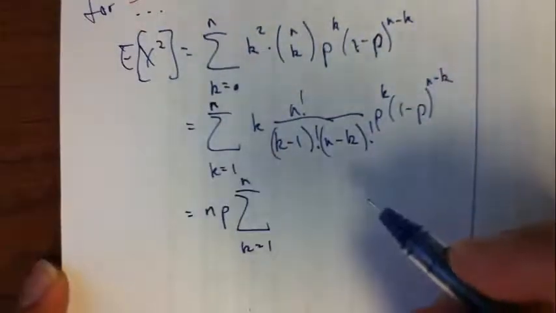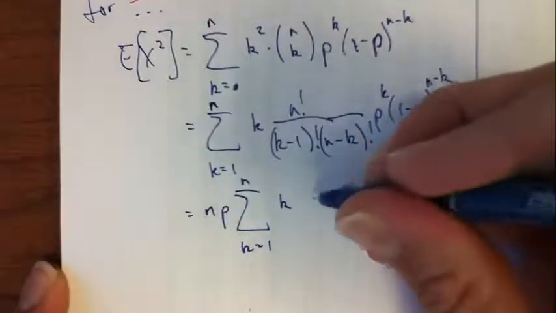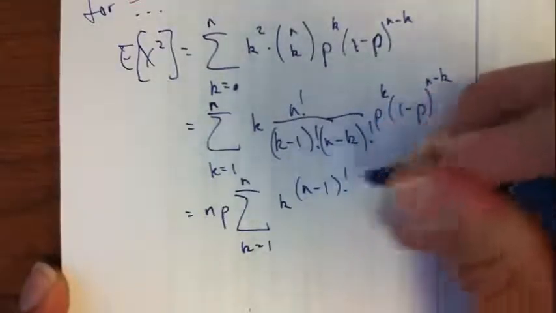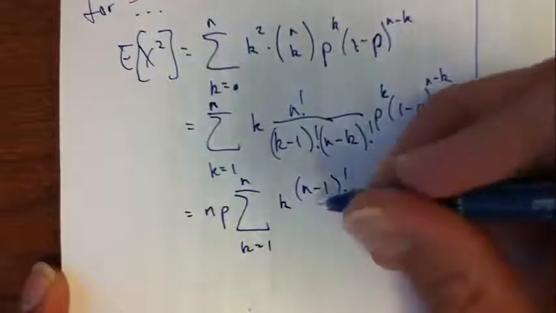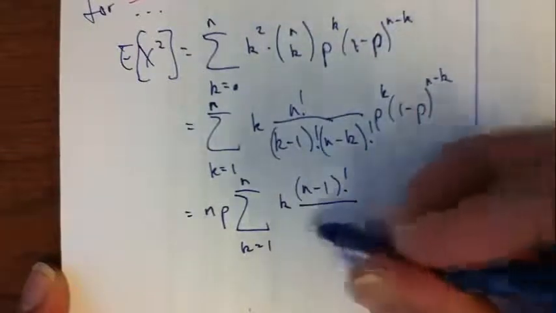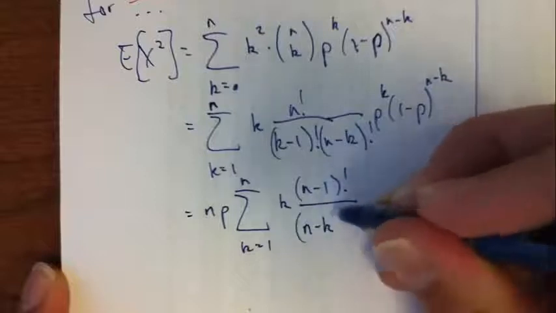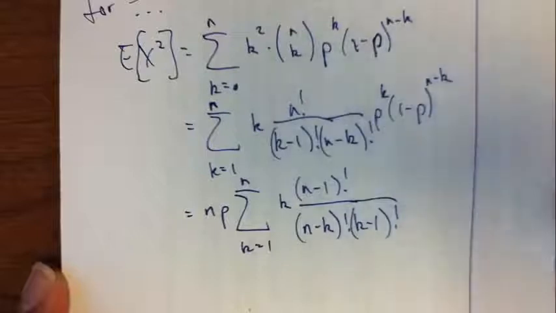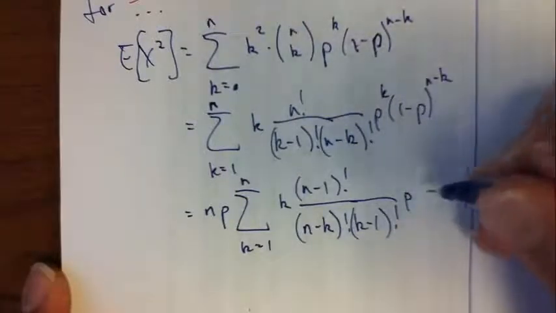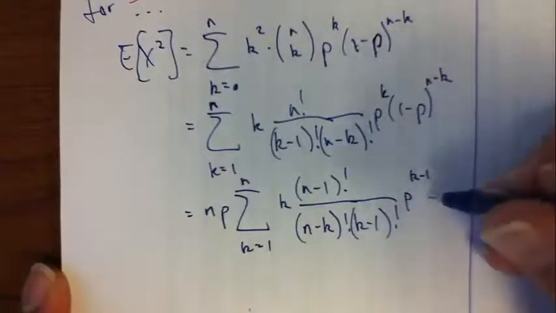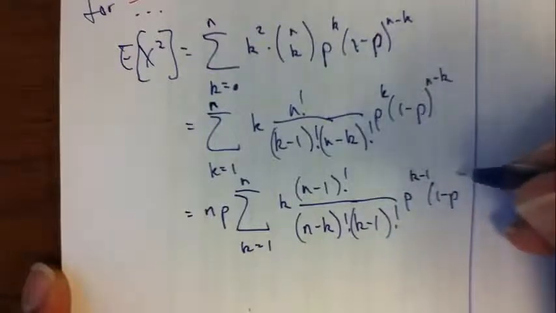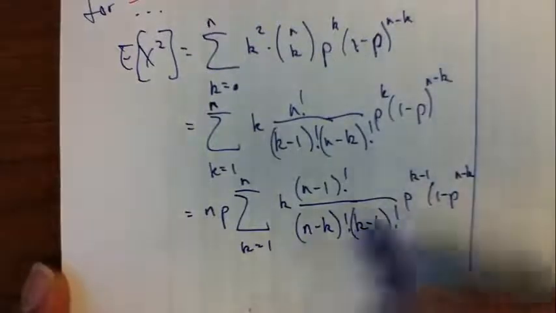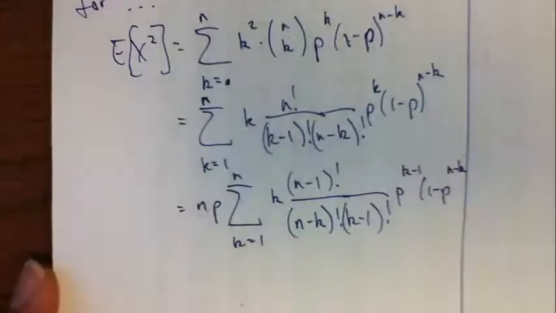So if I do that, I'm going to have a k out to the side here and an (n minus 1) factorial in the top, because I pulled an n out, and I'll have (n minus k) factorial in the bottom times (k minus 1) factorial in the bottom. I changed the order there for no particular reason. And now I've got a p to the k minus 1 and a 1 minus p to the n minus k, right? Because I pulled that p out. It's over here now. Alrighty.